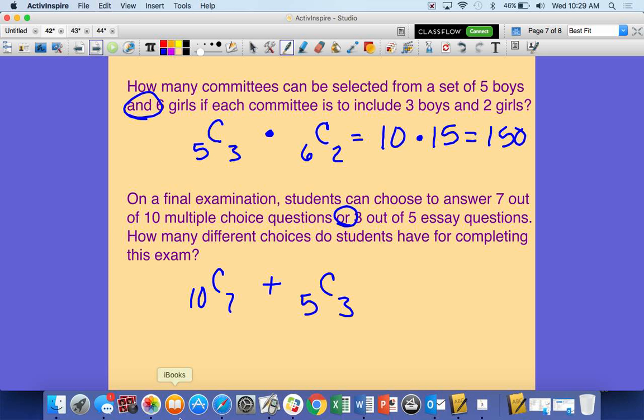Alright, so that means that we have a plus there. So 10C7 gives us 120 plus 5C3 gives us 10. There are 130 different ways to complete this test.